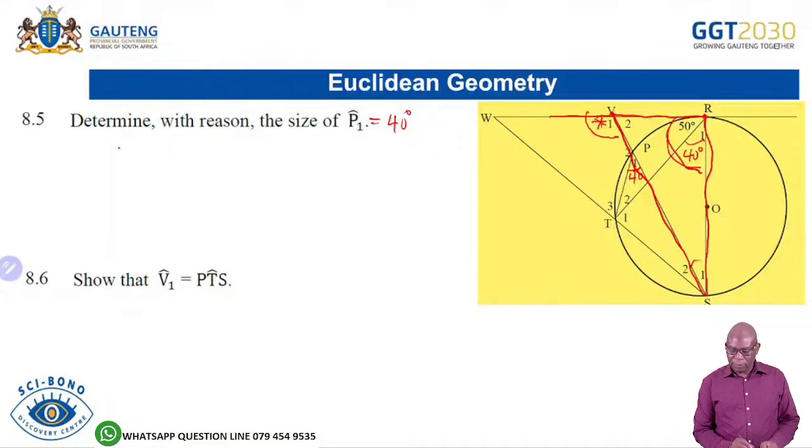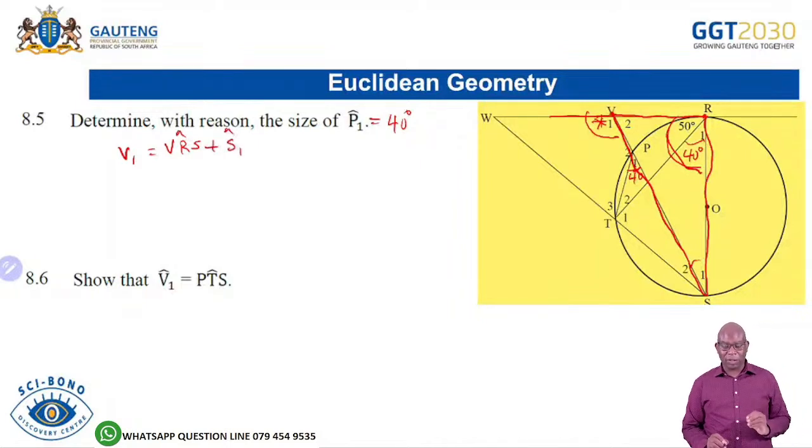So I can write V1 equals to VRS plus angle S1. This one is a tricky question. Now, I know that VRS there, VRS is 90 degrees, so there will be 90 degrees plus S1.